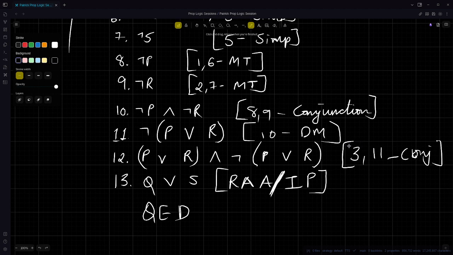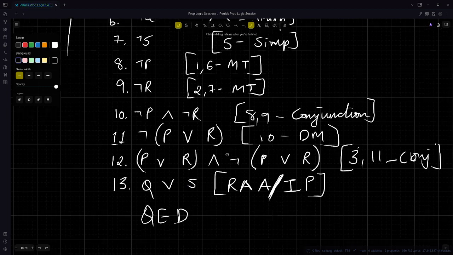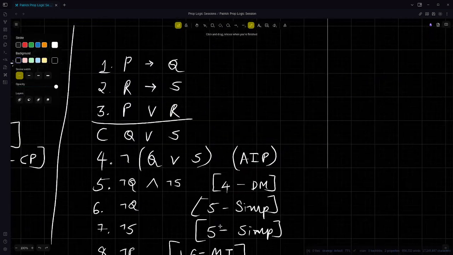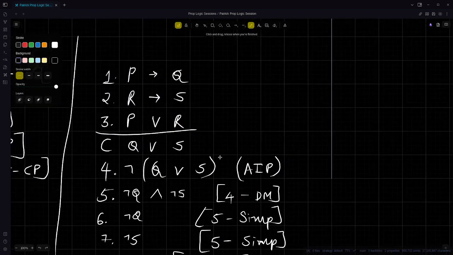So we got a contradiction. In the beginning of the proof, I did not know this was the contradiction we were going to get, but we got it simply by applying the rules. So that's an example of an indirect proof.